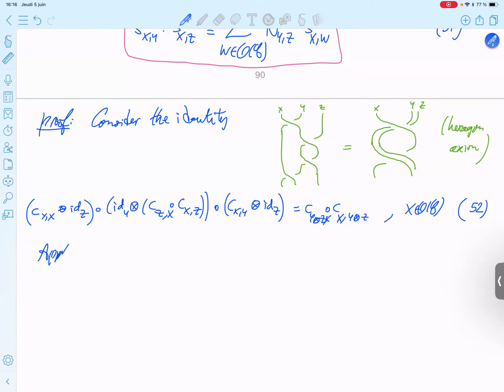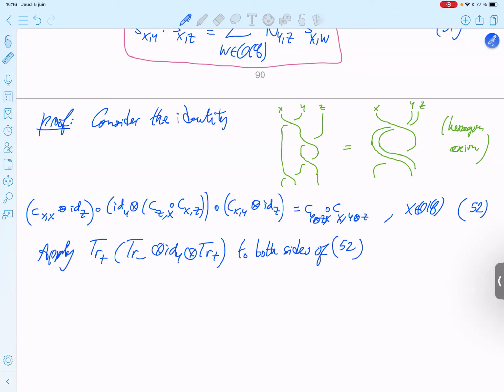So if you apply this kind of trace like that to both sides of equation 52, you get the following.